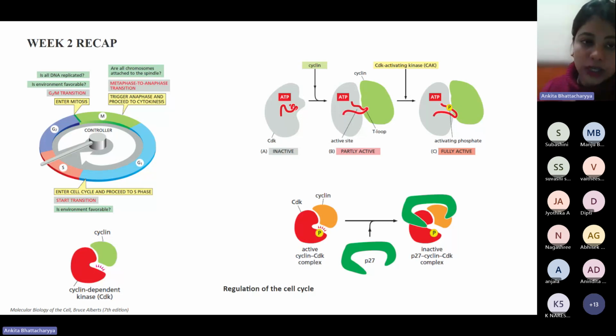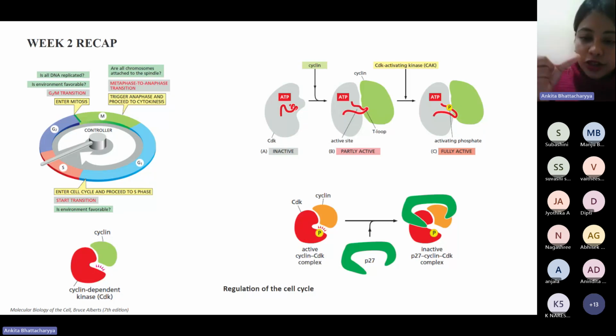Now, once all of those checkpoints have been monitored and there is a green signal from each of them, the next step once again is to check whether the environment is favorable. Why is this important? Like I mentioned before, the process of cell division in itself is very energy intensive. So the cell will certainly check hundreds of times before committing to such a huge step.